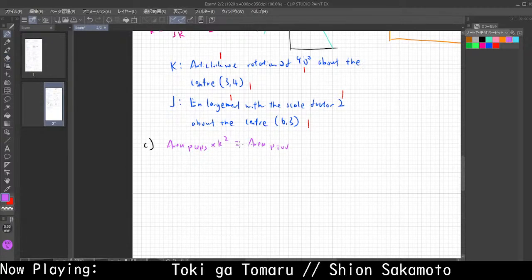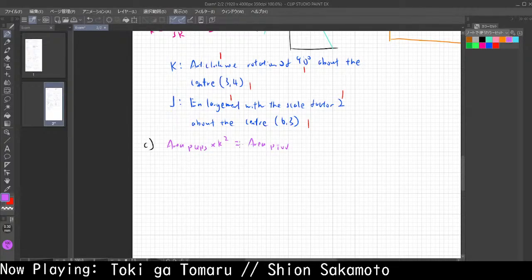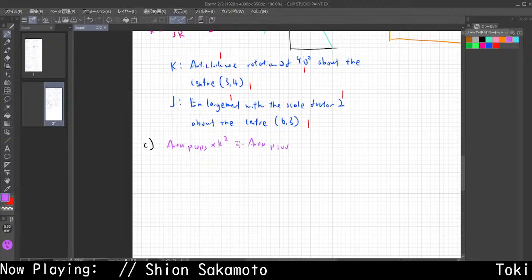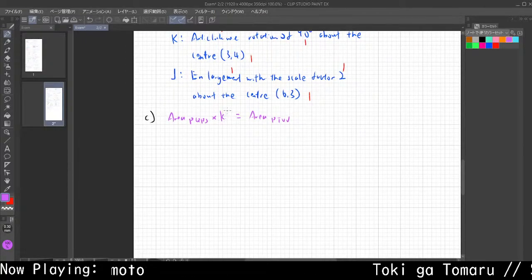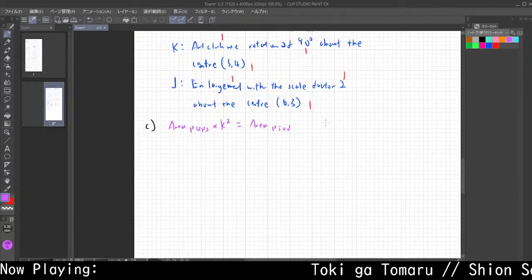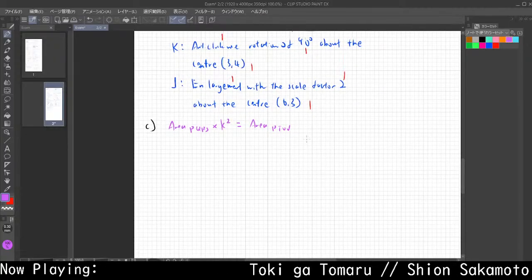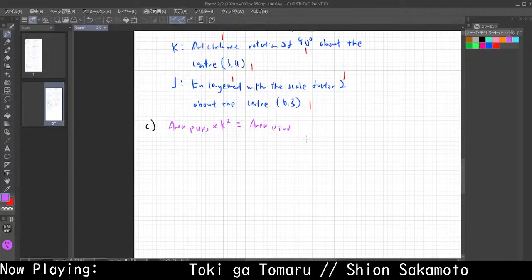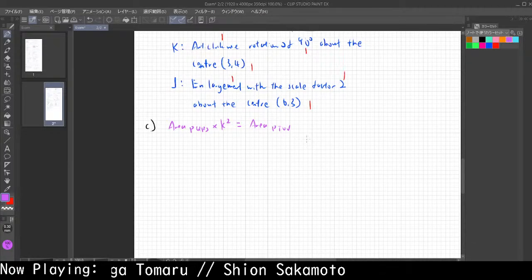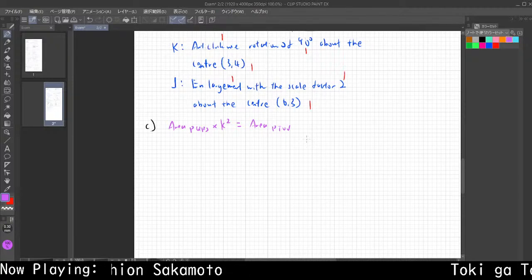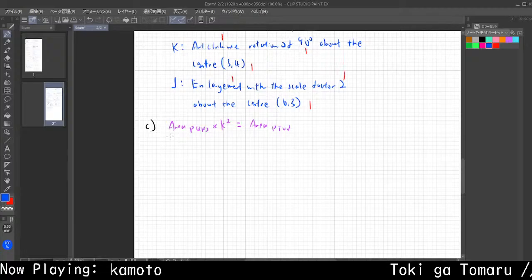You enlarge, the length is k, the enlarged area is k squared because it's two-dimensional. In this case, you don't have PQRS, you want to find PQRS. You know that PTUV is PQRS plus the shaded region. The shaded region happens to be 78. You know that.